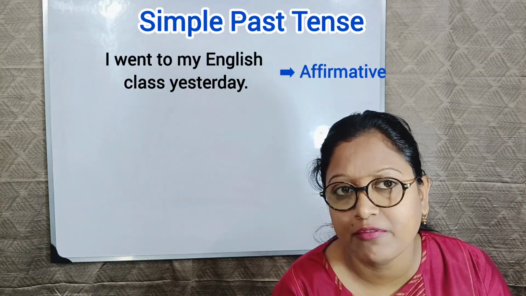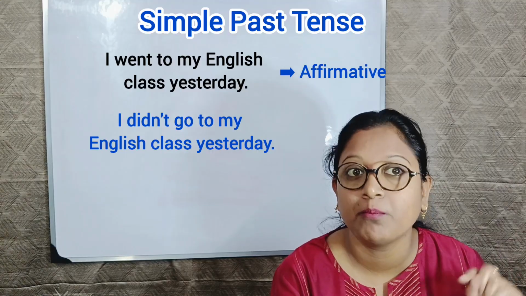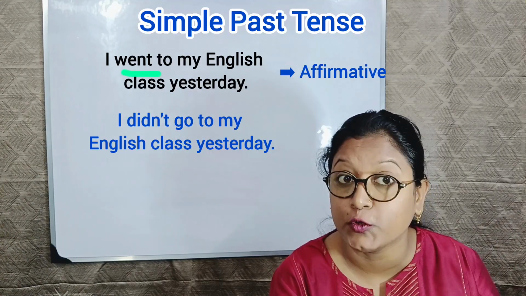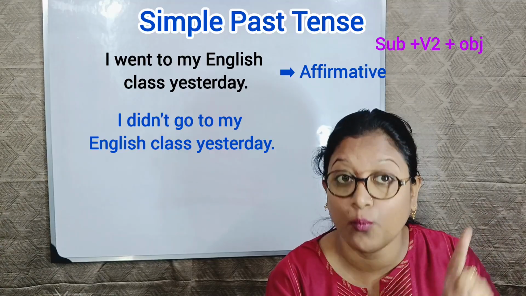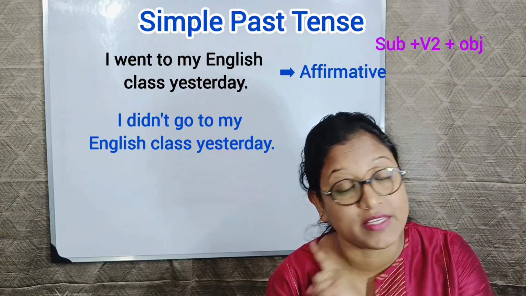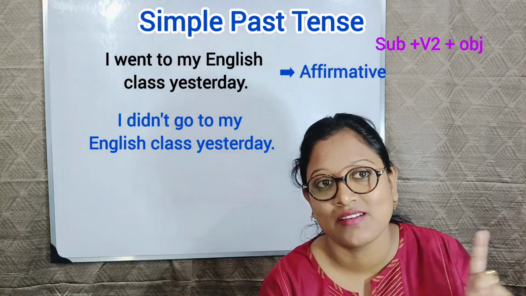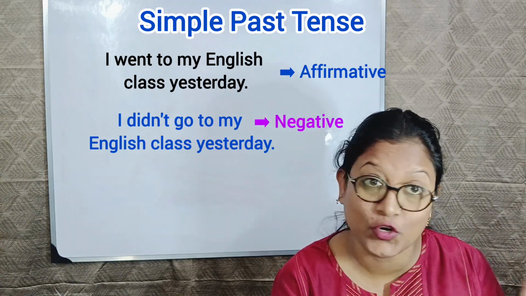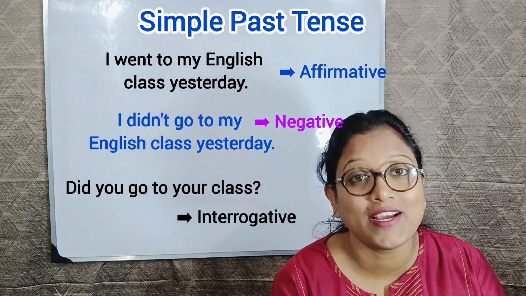If I make it negative, I did not go. Went is the past form of go. Subject plus V2 plus object. I went to my class. There is no object, okay? I went to my class. Negative: I did not go to my class. Interrogative: Did you go to your class?